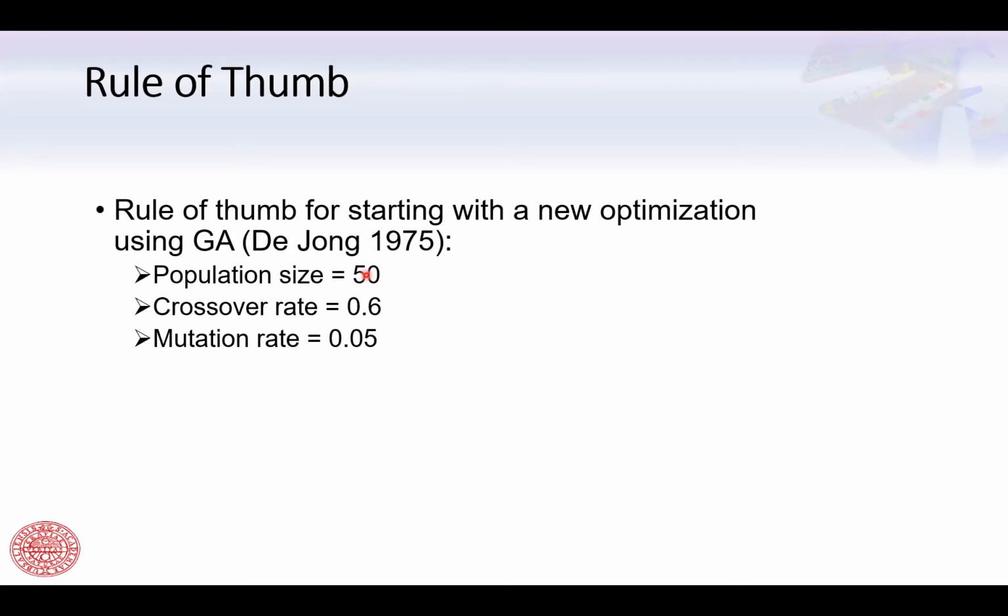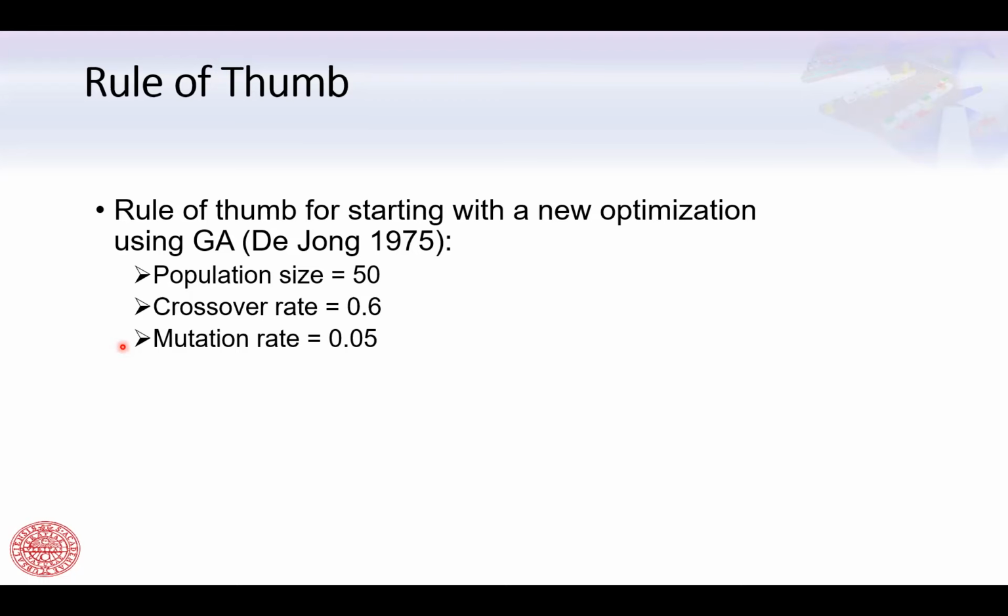According to De Jong, already in 1975, so early, he was one of the students of John Holland, if I remember correctly, these are the golden rules. Until today, I think people do not really get away from them, except if they want very high customization. Population size of 50, crossover weight of 60%, 0.6, and a very low mutation weight, 0.05.